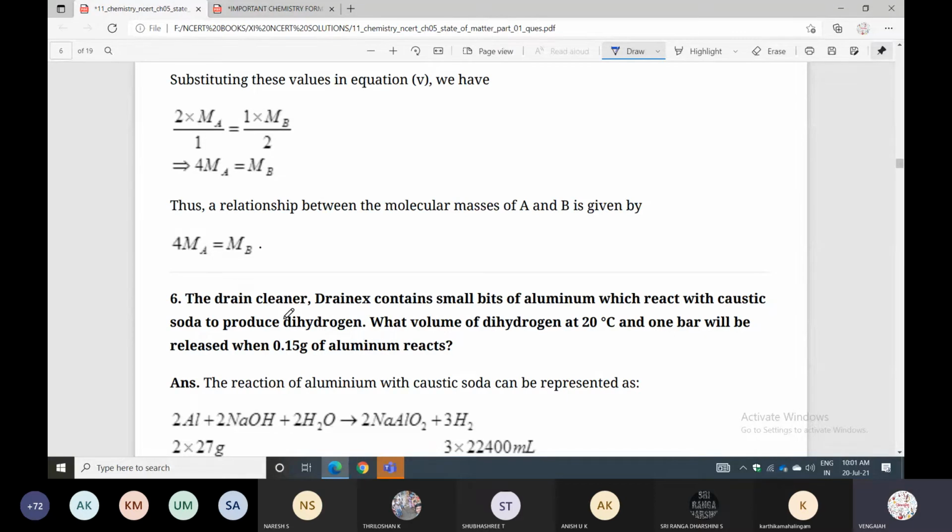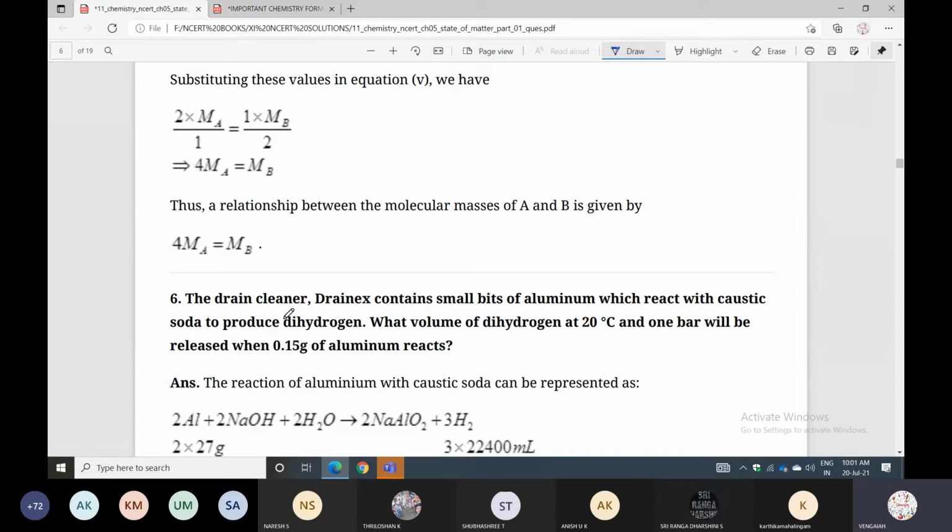Caustic soda is nothing but NaOH. So when it reacts with a metal, what will happen? Hydrogen gas will be released. So metal plus base gives salt plus hydrogen gas. That you know.